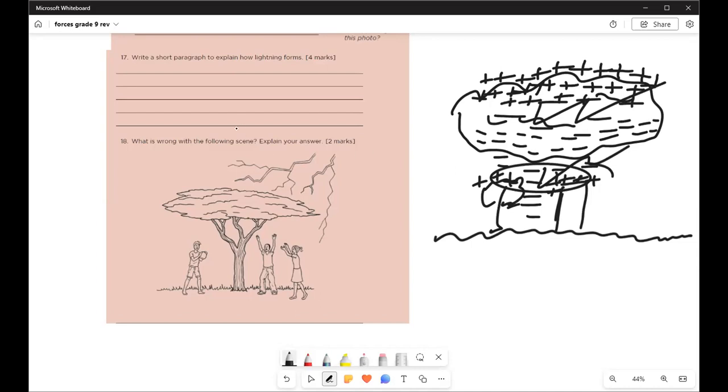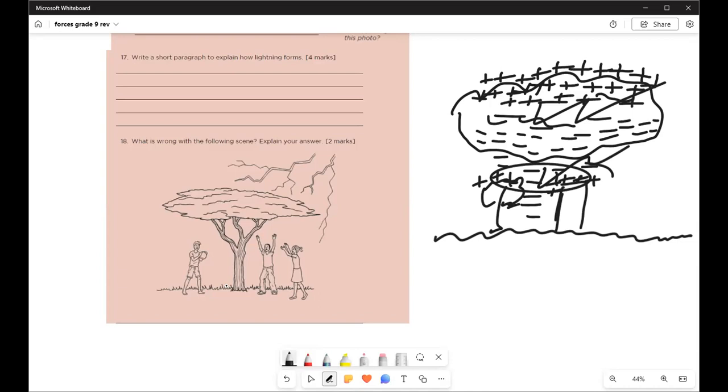Perfect. Then they say, what is wrong with the following scene? Explain your answer. Okay, it is wrong because sitting under a tree or being close to any tall building outside is very dangerous, because lightning conducts itself through those tall buildings and trees to reach the ground, right? So a tree is more prone to being hit by lightning.